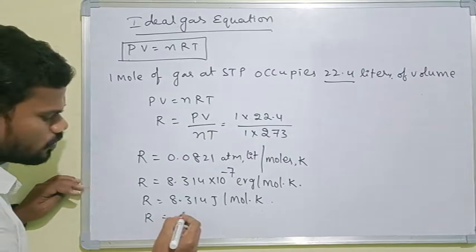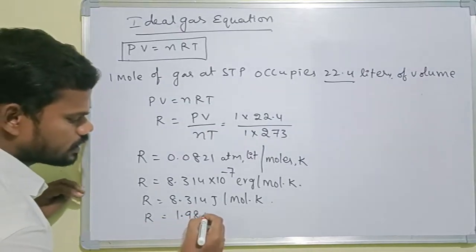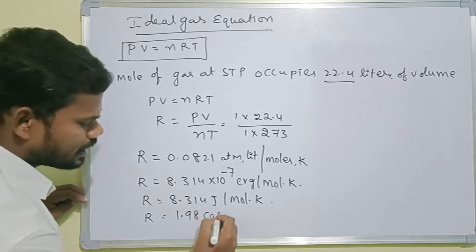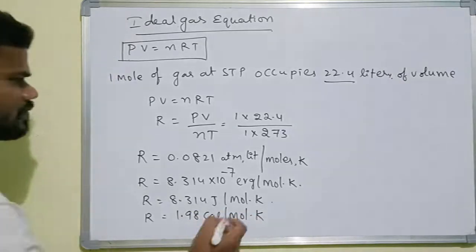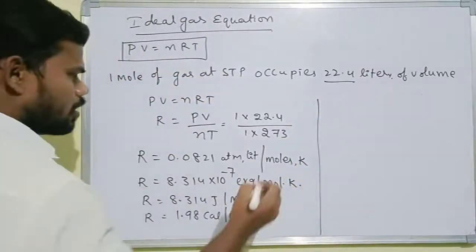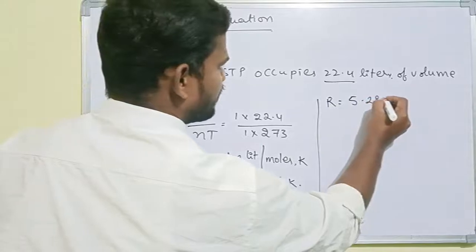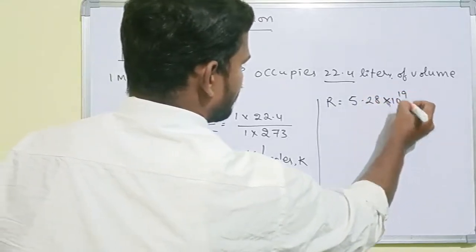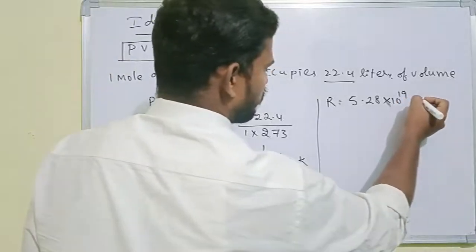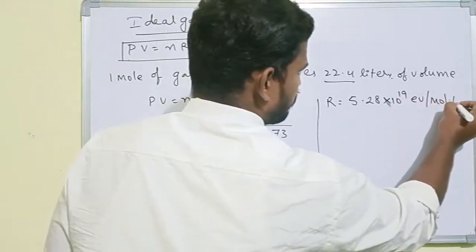Then R equal to, in calories, 1.98 calorie per mole Kelvin. And then R equal to 5.28 into 10 power 19 electron volts per mole Kelvin.